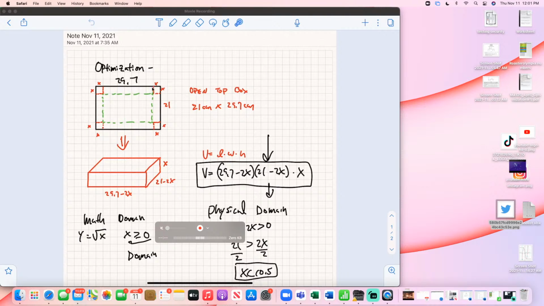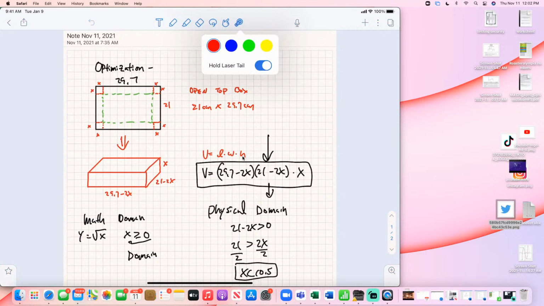So you cut off the X. Whatever you cut off, if you fold it upward, that's going to become the height. So that's going to be the height equation. The height is H because when you fold it upward, it's going to be H.